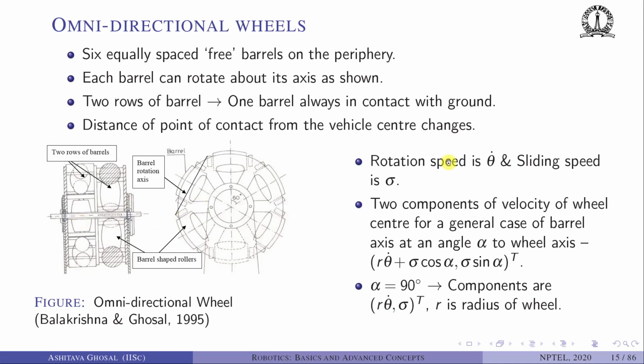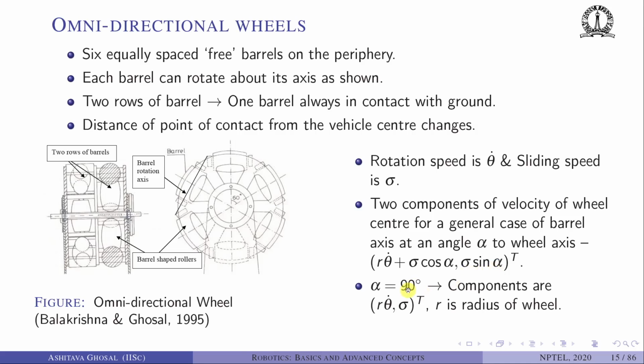We can also quantify these two rotations about the barrel rotation axis and about this wheel's axis as theta dot, which is the rotation of the wheel, and then this sliding speed, which is sigma. This is the rotation of the barrel. So the two components of the velocity of the wheel center for a general case of a barrel at an angle alpha to the wheel axis will be r theta dot plus sigma cos alpha, and sigma sin alpha.